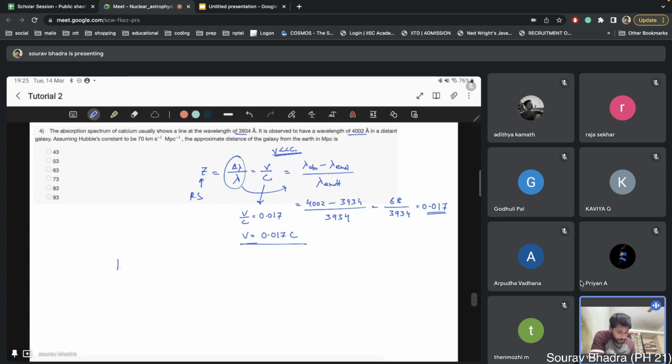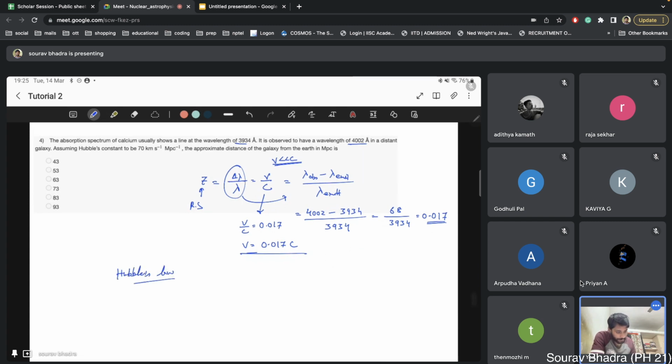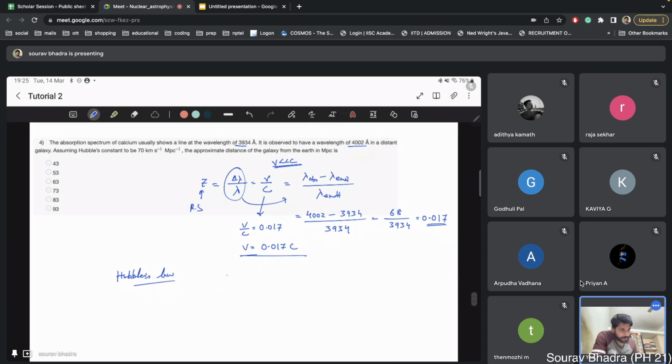And from Hubble's law, V is H d, where H is the Hubble constant, and d is the distance.